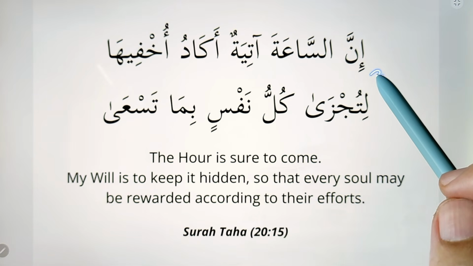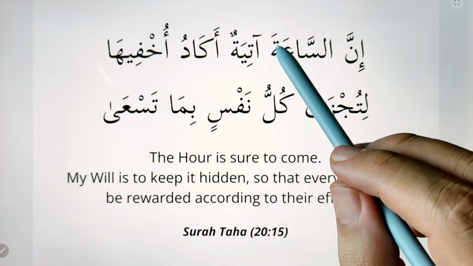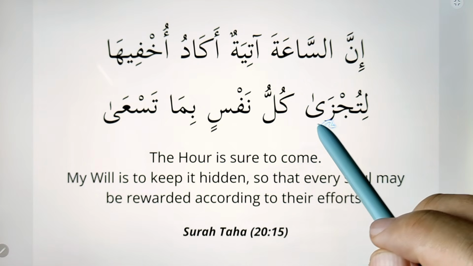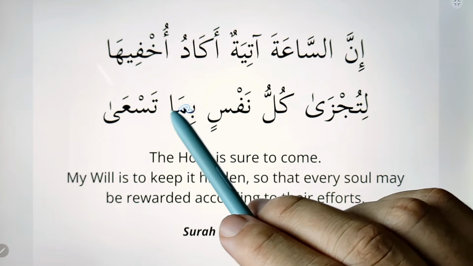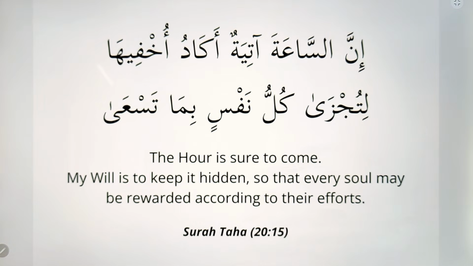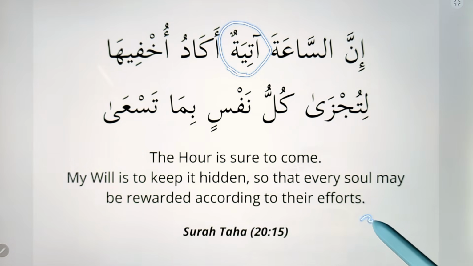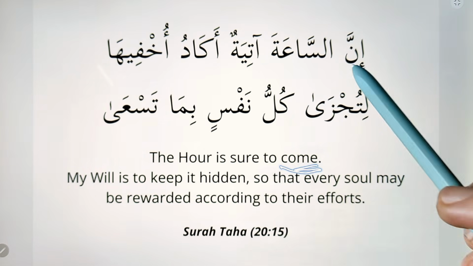Second example. إن الساعة آتية أكاد أخفيها لتجزى كل نفس بما تسعى. The root here is آتية. آتية means coming.